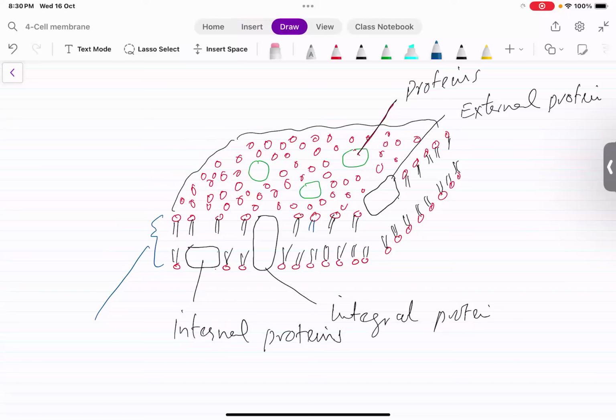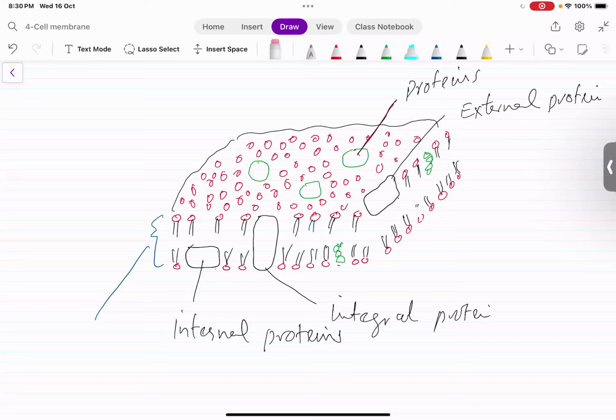There are cholesterol molecules that we can see embedded in this lower monolayer, or maybe embedded in this upper monolayer. Okay, these are cholesterol molecules.